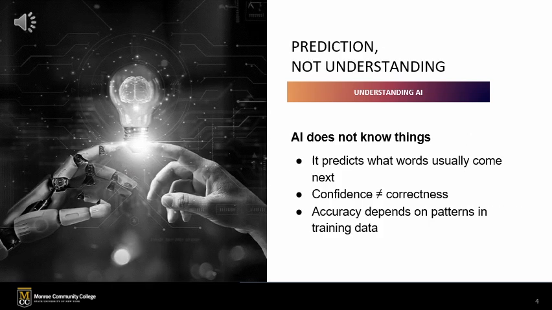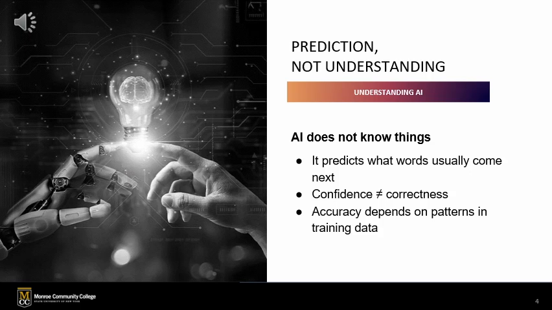This slide might be the most important one in the whole presentation, so pay close attention. AI does not know things. It predicts what words usually come next in a sequence. And here's the critical part: confidence does not equal correctness. AI can sound absolutely certain while being completely wrong. Think about that.